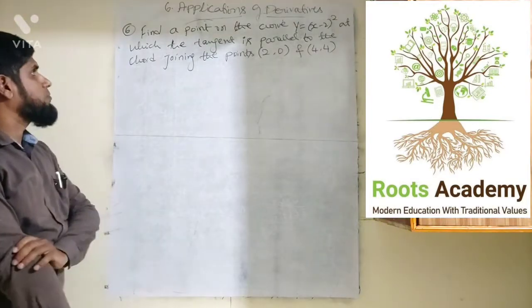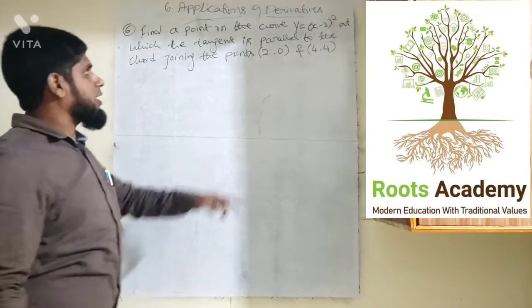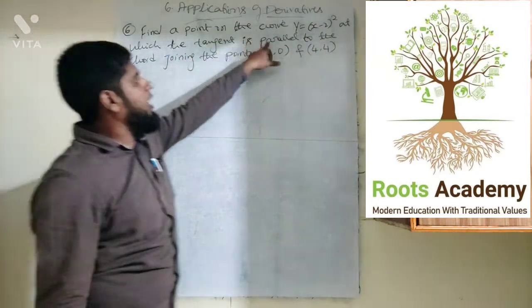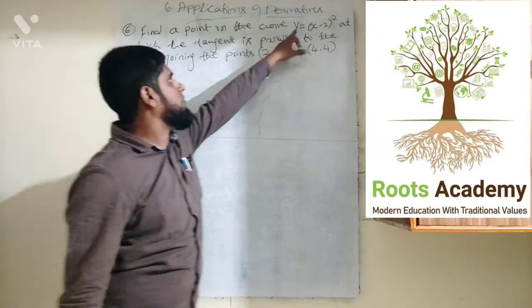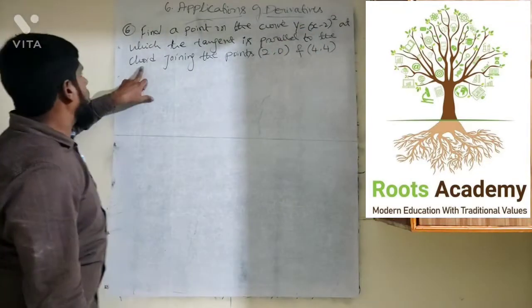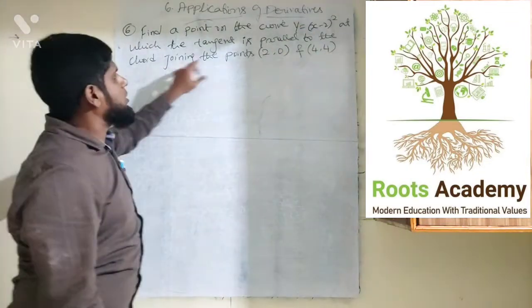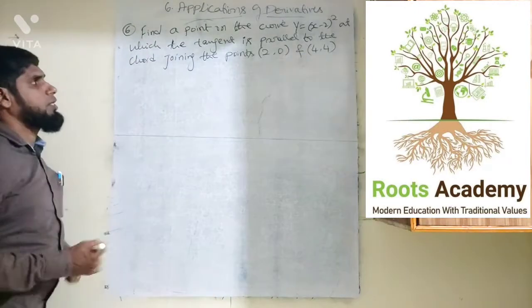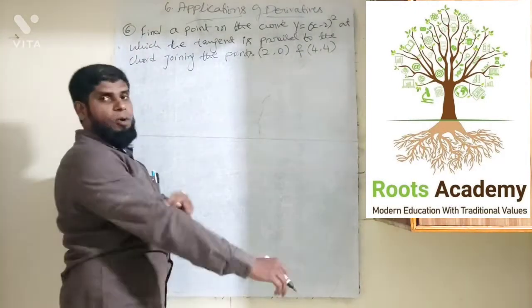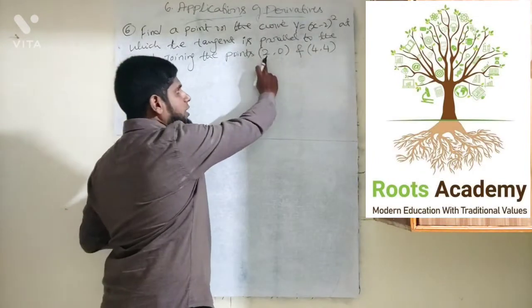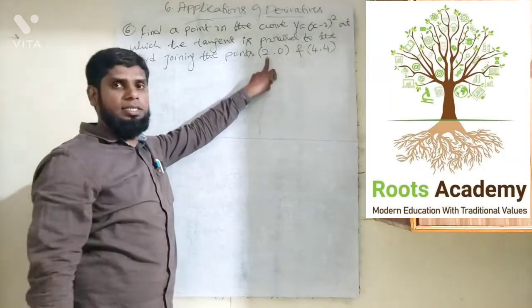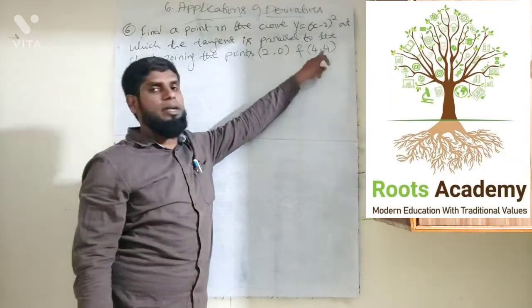And in this problem, it has given a curve, and he said that the tangent is parallel to the chord of this curve. The chord is joining the points 2, 0 and 4, 4. So it means one point of the curve is on the x-axis, at 2 on the x-axis, and one more point is on the xy plane.